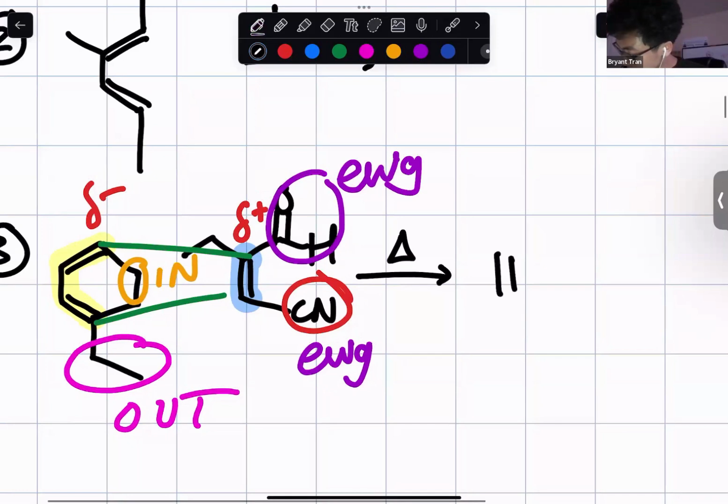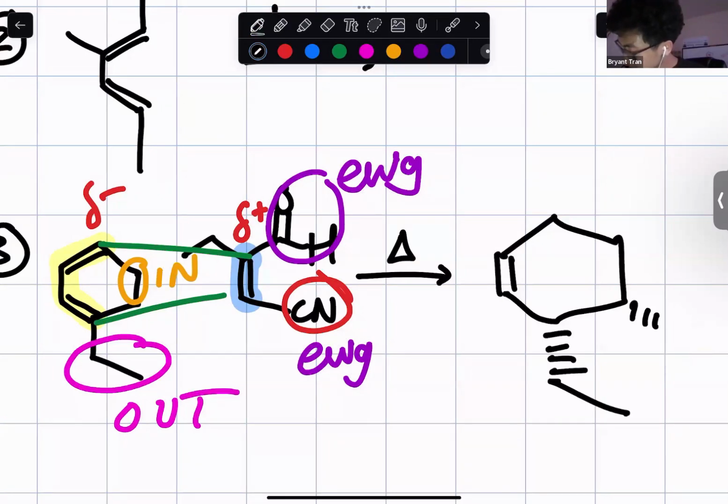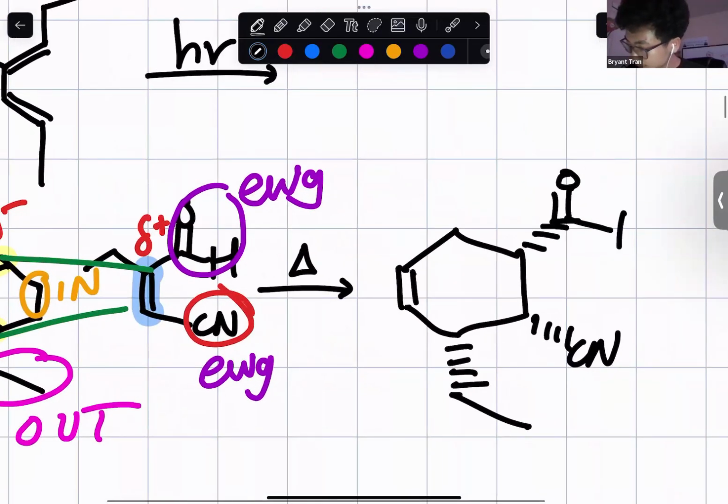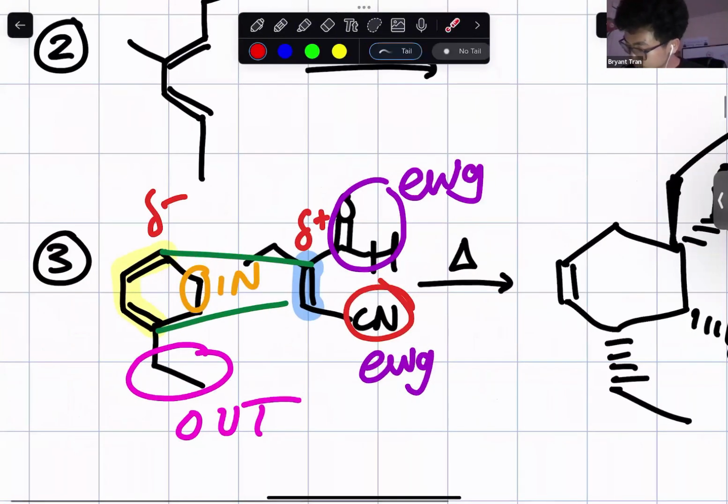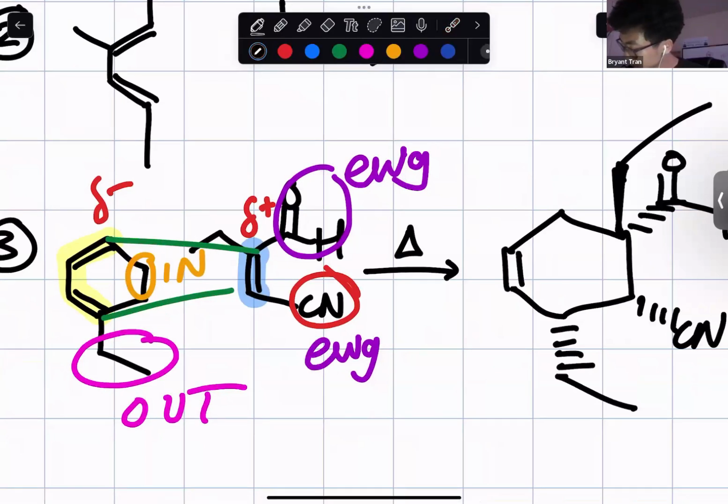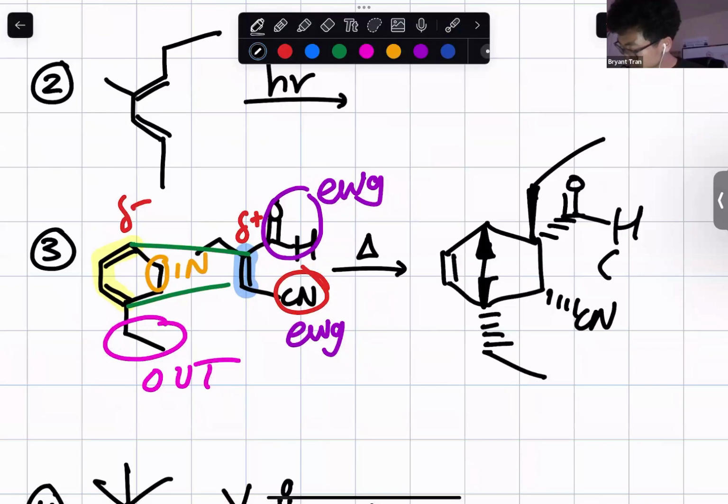So if I draw out the template of Diels-Alder, it's gonna be like that, where the out group is gonna be dash, let's say, and it's gonna be cis to this EWG. And because the CN is cis to the aldehyde, it would also have to be dash as well. This ethyl group would be wedge. And this in group right here is gonna be wedge, like that.